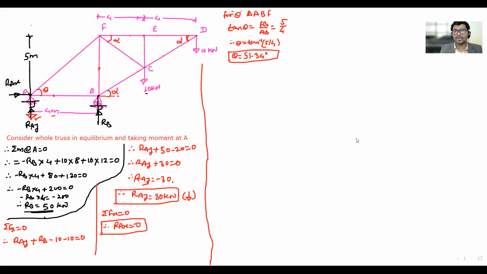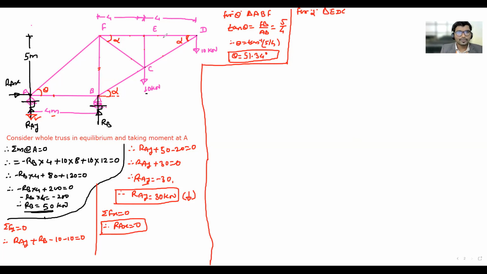Now what do we have to do? We have to calculate alpha. For alpha, which triangle do you want to go for? FEC and EDC. I would like to go for triangle EDC. In EDC, what do we know?